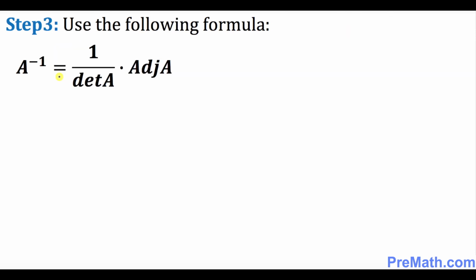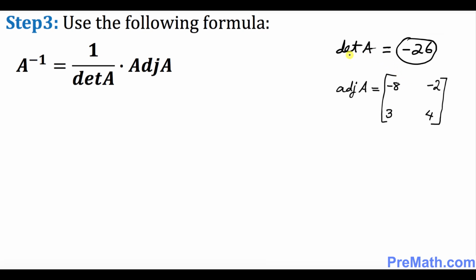And in our final step we will find the inverse matrix of A by using this formula, 1 over determinant of A times adjoint of A. And we have already figured out our determinant of A and adj of A from our previous steps. Let's go ahead and apply these values.